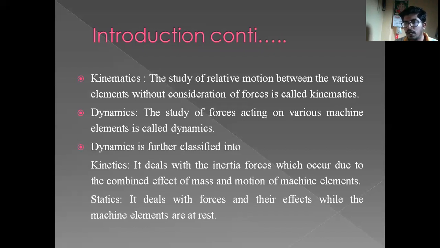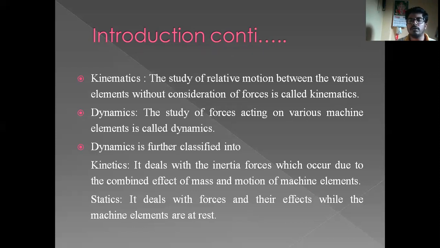When I have two elements, the combined effect of their mass and motion produces inertia forces, and the study of these inertia forces is called kinetics. Statics mainly deals with the forces and their effects while the elements are at rest.